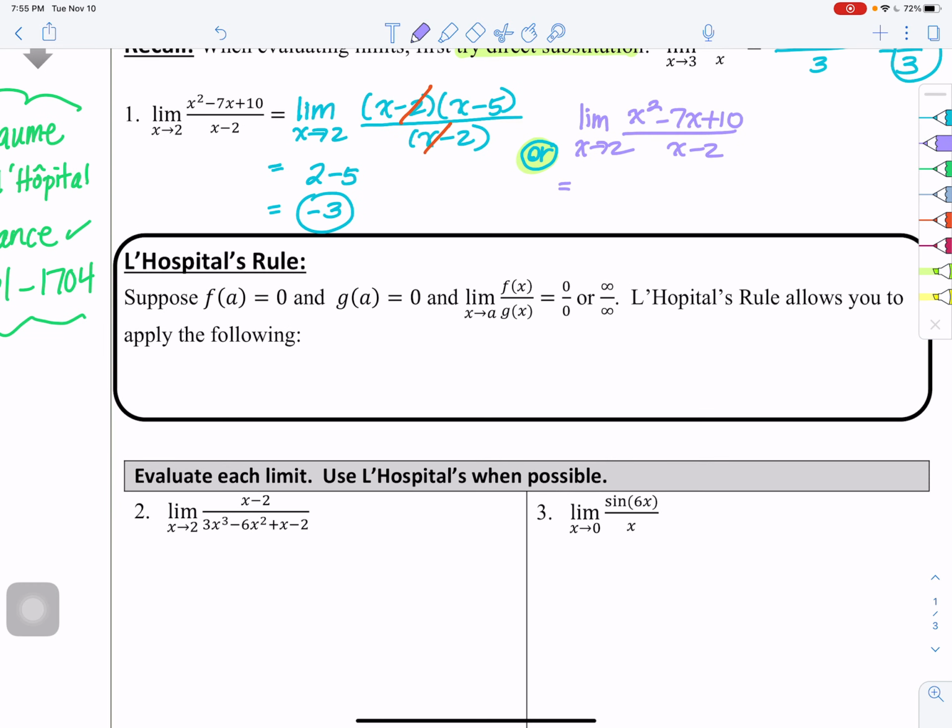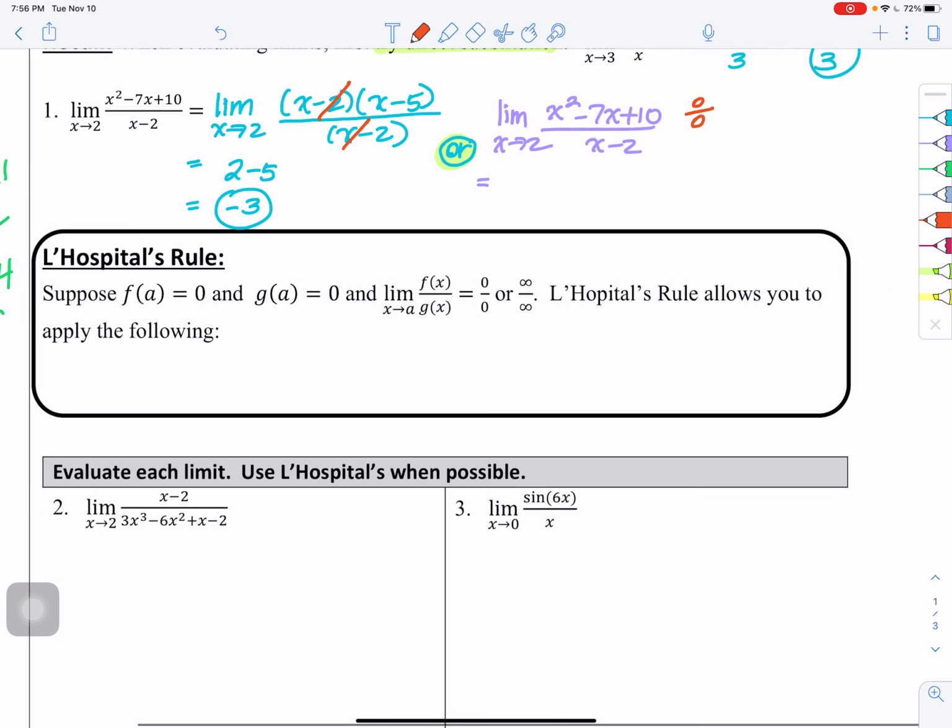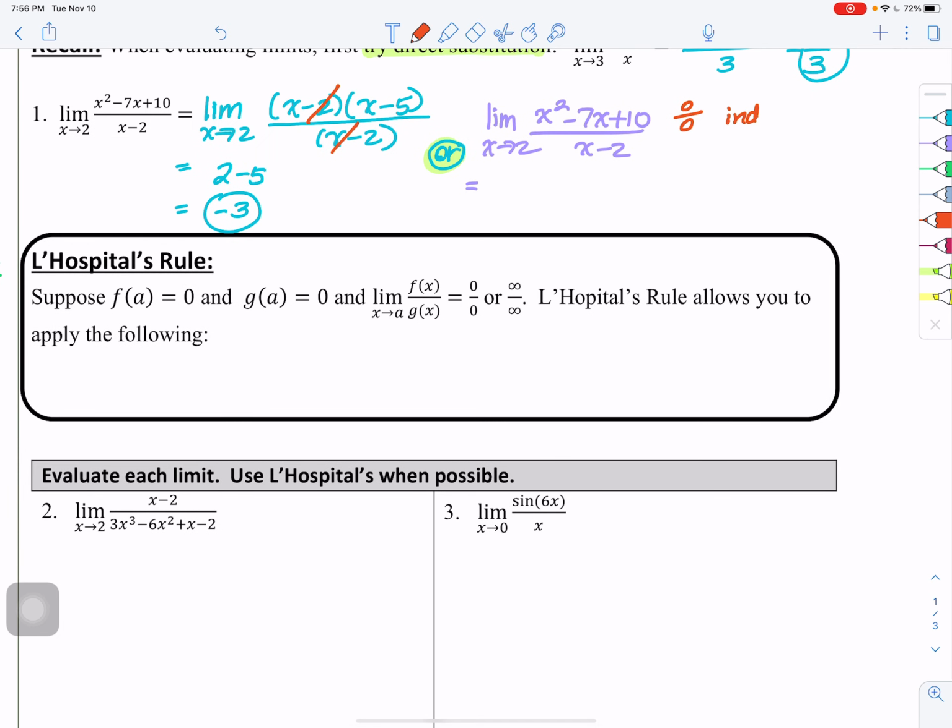When you plug 2 into the numerator, you get 2 squared, which is 4, minus 14. That's negative 10, plus 10. So right here, we have 0 in the numerator. And if you plug a 2 in the denominator, you get a 0 in the denominator. So what we call this is an indeterminate form.